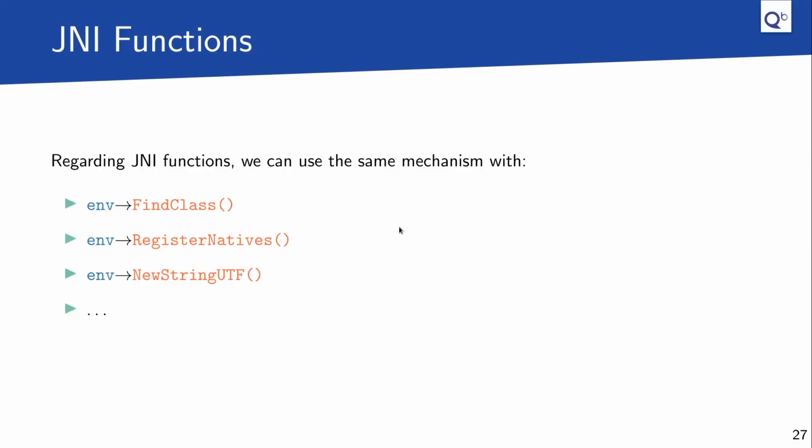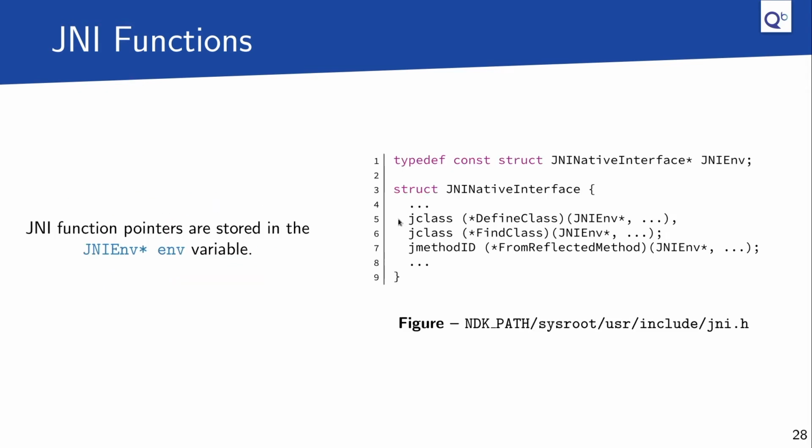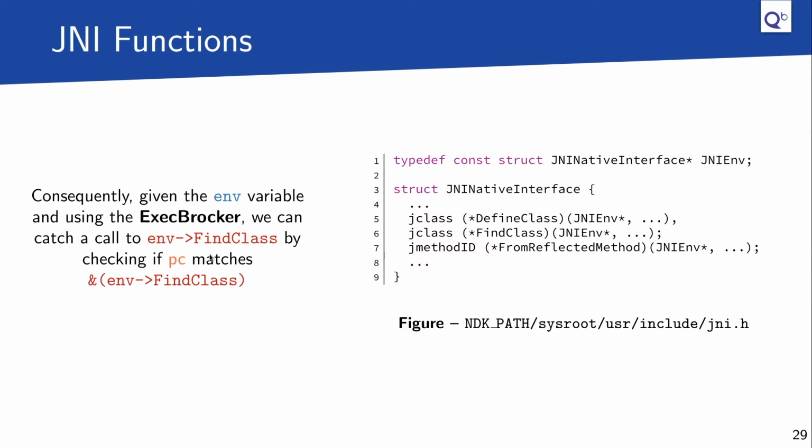Regarding JNI functions, we can use the same mechanism. JNI functions are located in a structure, so it's basically a structure of pointers. And this structure is usually stored in the JNI env variable. So if you have access to this variable, you may compare the external address against one of the functions within this structure.